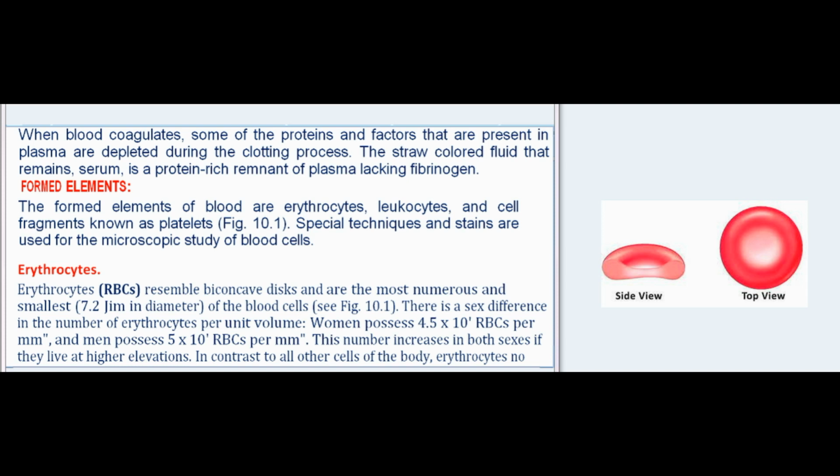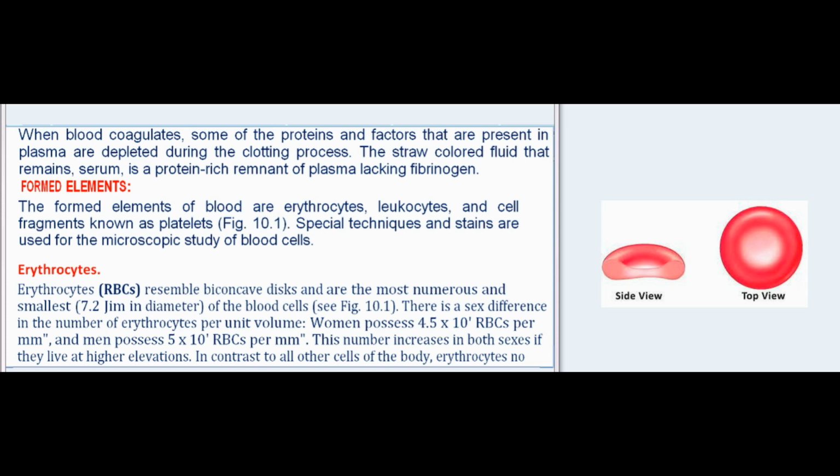There is a sex difference in the number of erythrocytes per unit volume. Women possess 4.5 x 10^6 RBCs per mm³, and men possess 5 x 10^6 RBCs per mm³. This number increases in both sexes if they live at higher elevations.